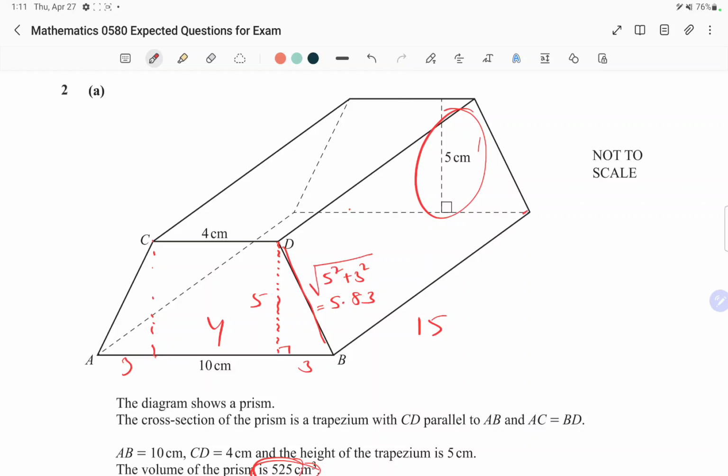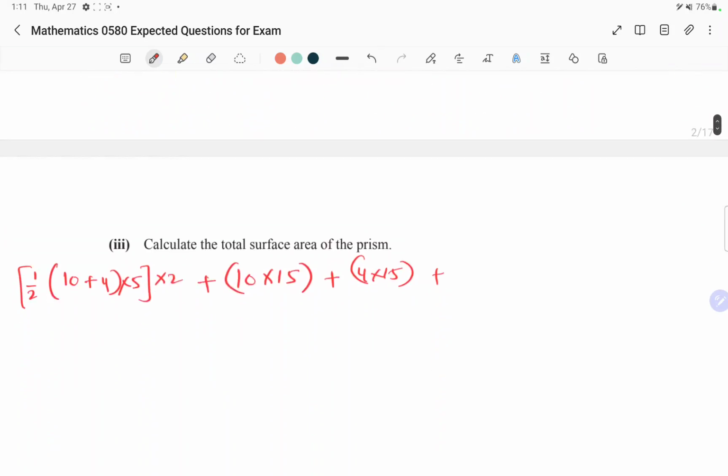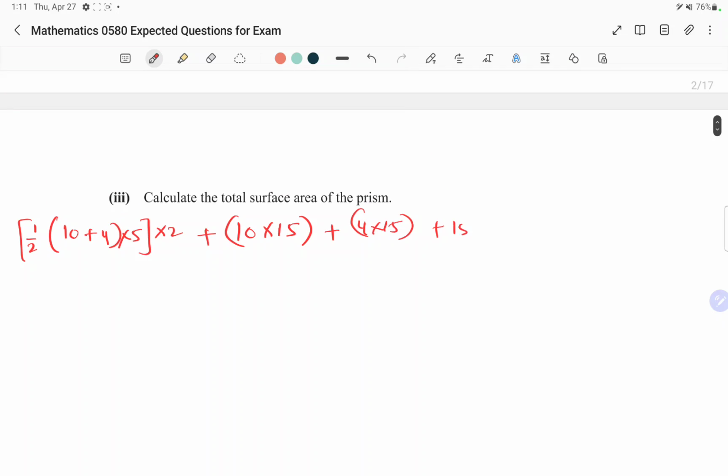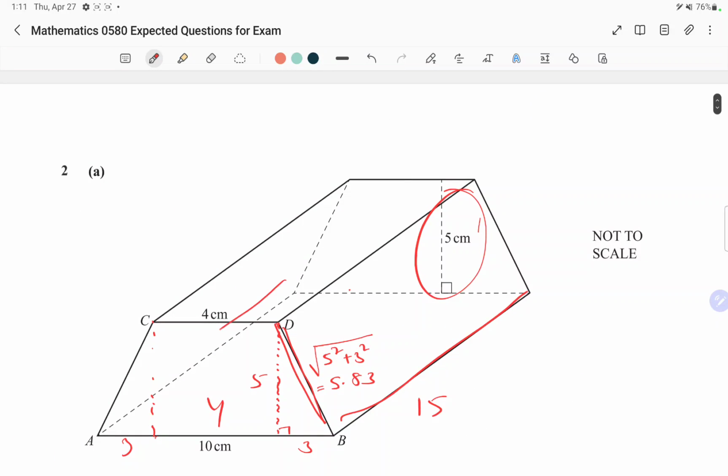So this length times this length, 15 times 5.83, and this should be multiplied by 2 because this portion will also have the same area.